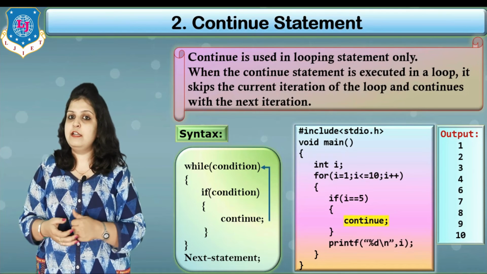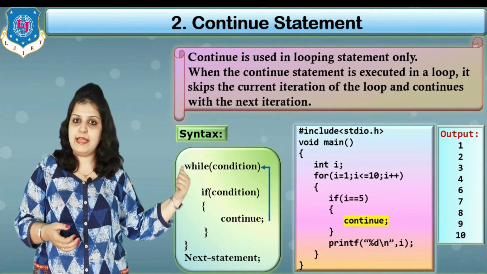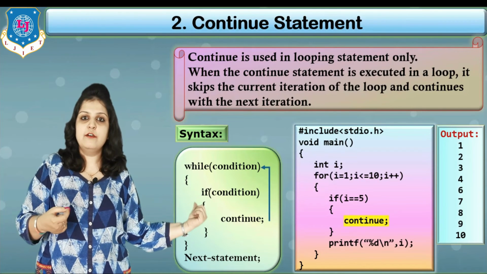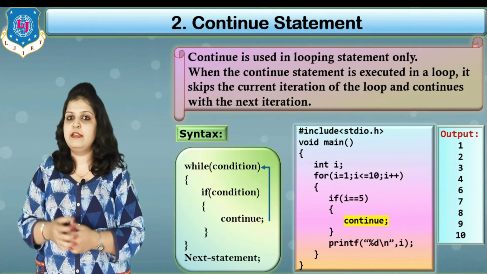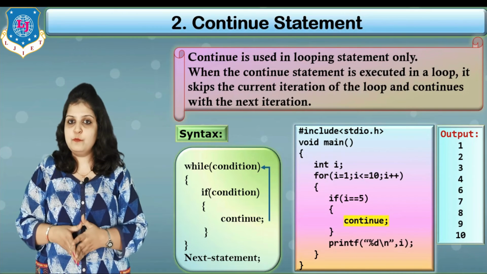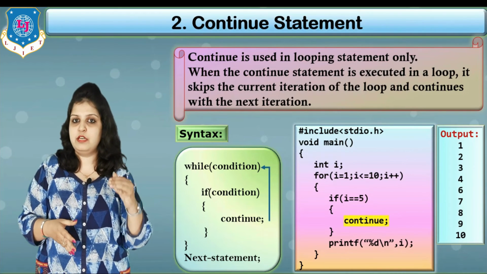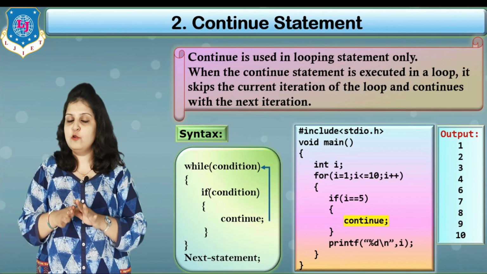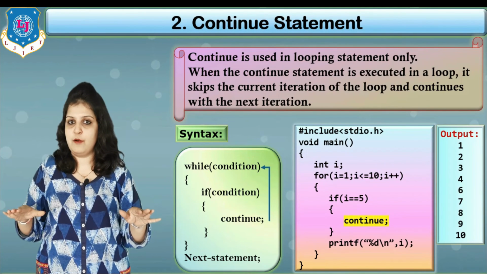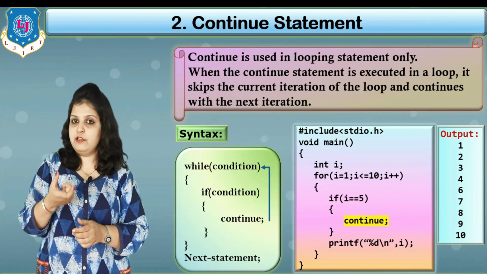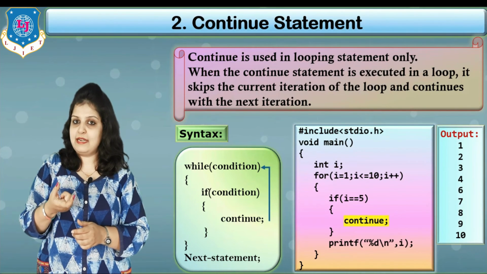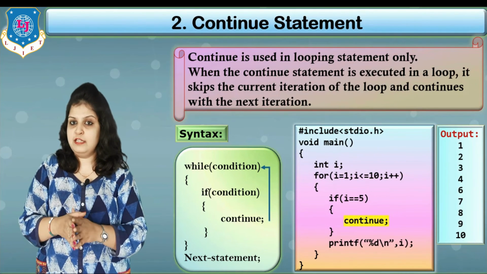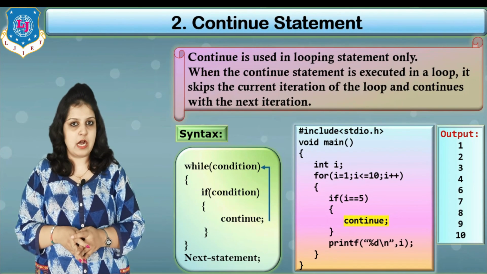So we can say that when i becomes 5, continue is executing, and only for 5 is our printf statement skipped. So our output is like 1 2 3 4, then 6 7 8 9 10. So here the loop execution does not stop; only for the particular condition that becomes true, the remaining statements are skipped. So in this way continue will work.